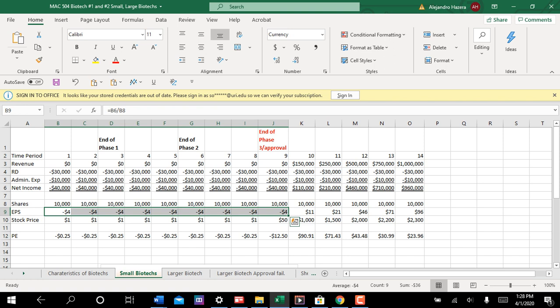Okay, and that's because you've got negative 40,000 divided by 10,000 shares. In the 10th year, it goes to 11. That would be a big jump for any company, going from negative to $11 all of a sudden. And it continues going up after that.